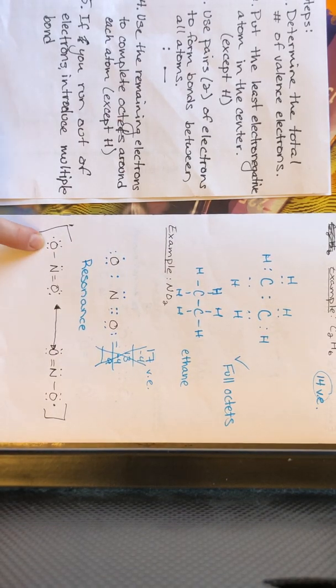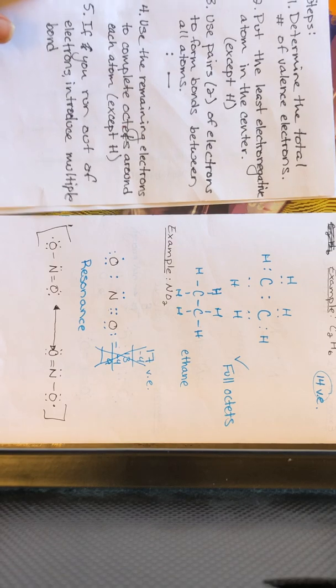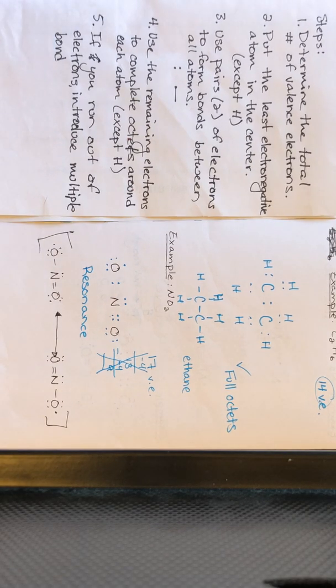Is it oxygen 1 that's double bonded to the nitrogen, or is it oxygen 2 that's double bonded to the nitrogen? And that's what resonance kind of captures. Because these two structures can both exist, it means that that lone electron has a lot lower energy. It's stabilized, essentially. And so it adds stability to the molecule to have resonance structures.